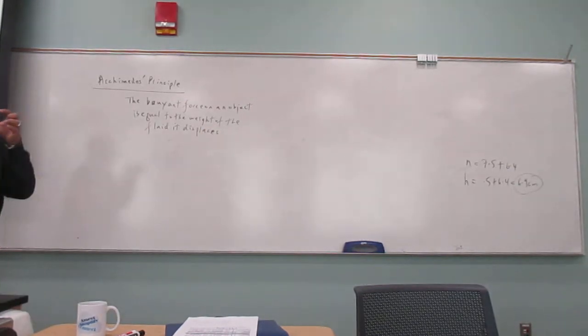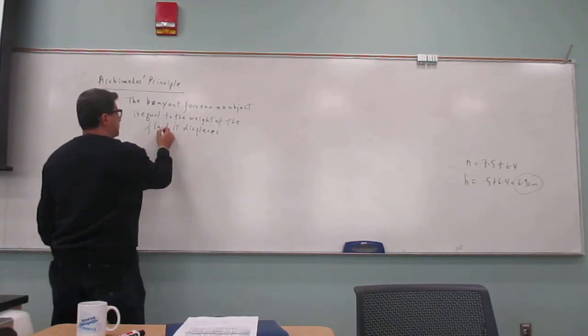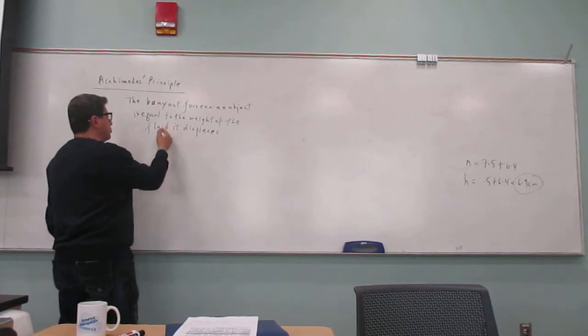That's as short as I could try to make that. The buoyant force on an object is equal to the weight of the fluid it displaces. Or you could say takes up, the fluid that it takes up. And the fluid doesn't necessarily have to be liquid, it could be gas too.